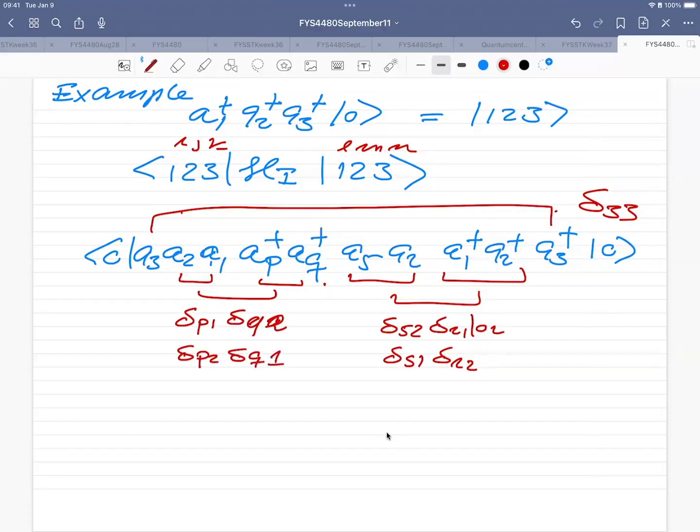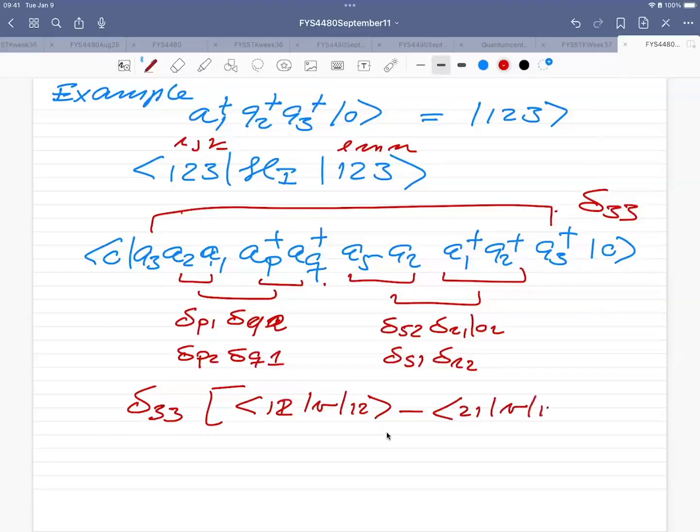These combinations give rise to four different terms. So if I bring everything together, this interaction will give us a delta 3, and then it's going to have a matrix element, or an integral, ⟨1 2|V|1 2⟩ minus ⟨2 1|V|1 2⟩. So that's one of the possible contributions.